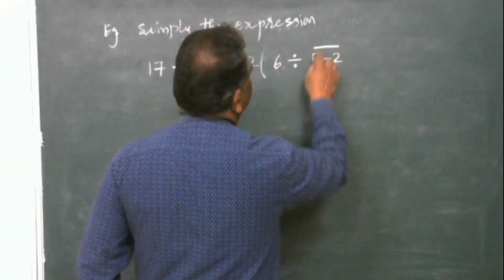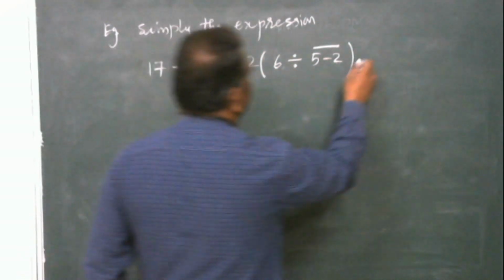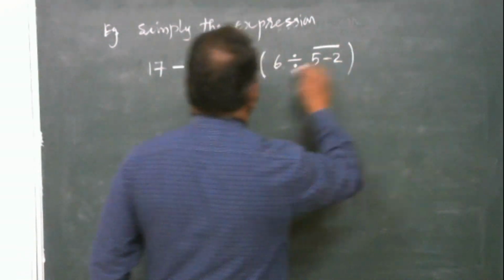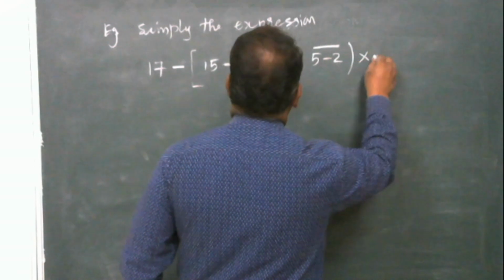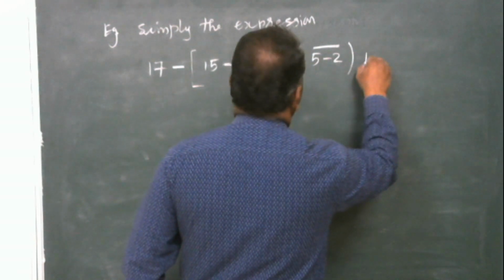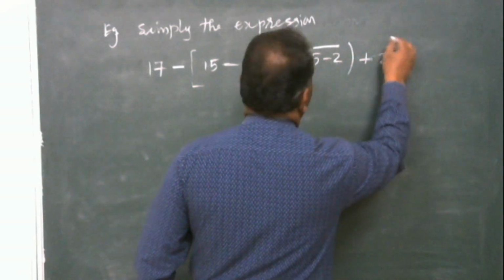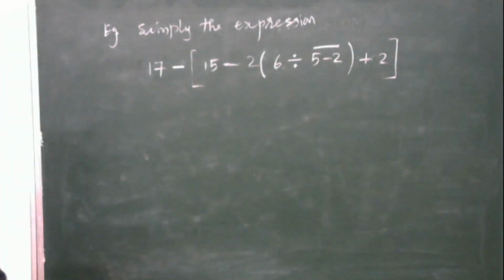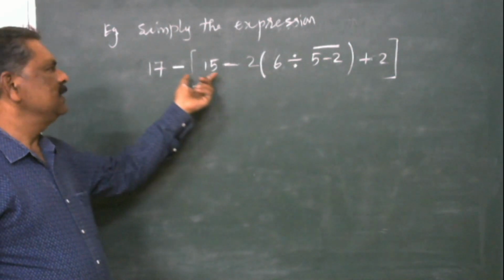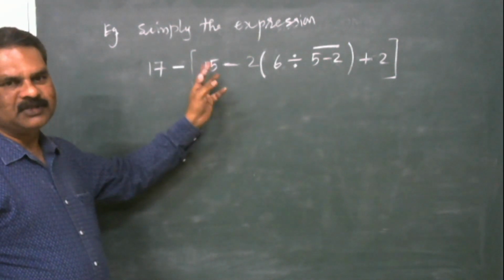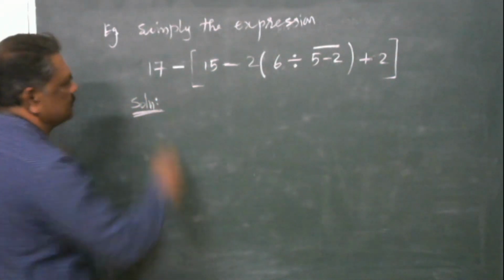Here I put one bar. Then I close this bracket. Then I put one, maybe let me add some 2. Then I close this bracket. So you can write on your own, but the only thing is, operations are there, 2 numbers should be there on either side. How do you simplify these expressions?